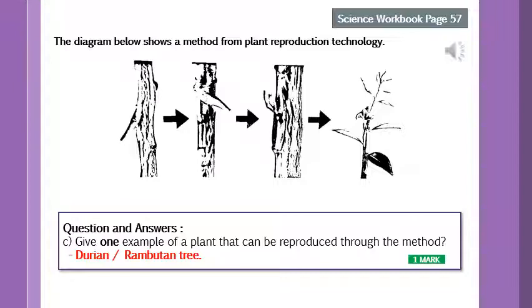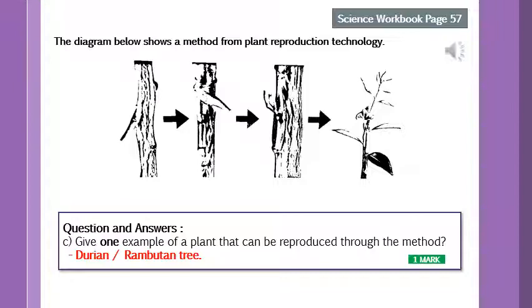Okay, so if you can see the mark there, it only gives 1 mark. So it means you only have to give one example of a plant that reproduces through bud grafting method. To be honest, the examples are just the same as the examples for marcotage. The difference is only the way they execute the method.